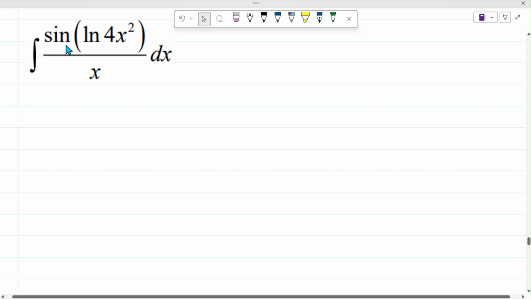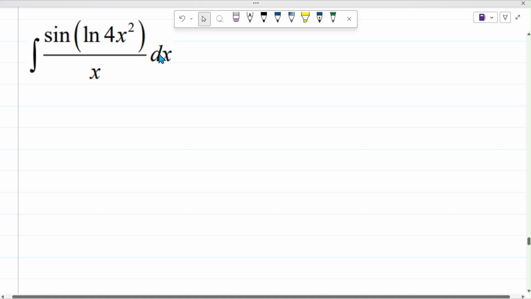So you've got sine of ln of 4x squared divided by x dx. So when we check this, we can't really conclude that something was differentiated for us to get this. We have to first rewrite it nicely for us to see what is what, right?